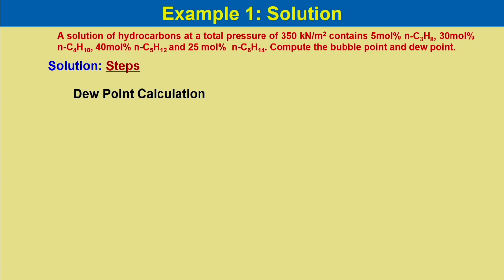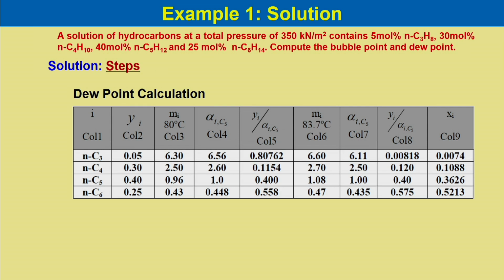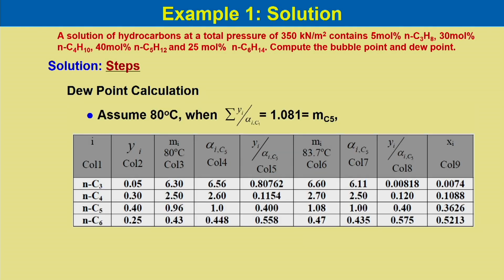Now, we will consider the dew point calculation. For dew point calculations, similar to the bubble point calculations, we will follow the calculation procedure. We need to assume a temperature, say 80 degree centigrade, then we can calculate yi by alpha i5, which is over here, 1.081.